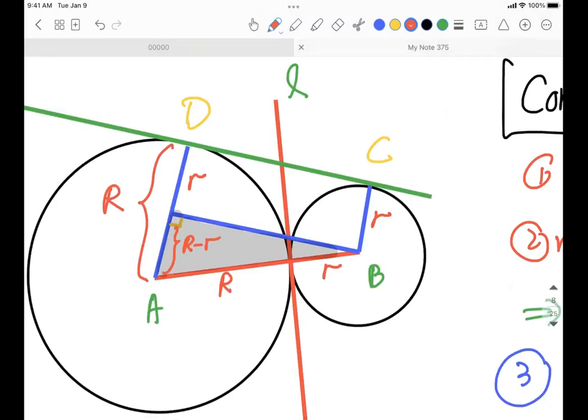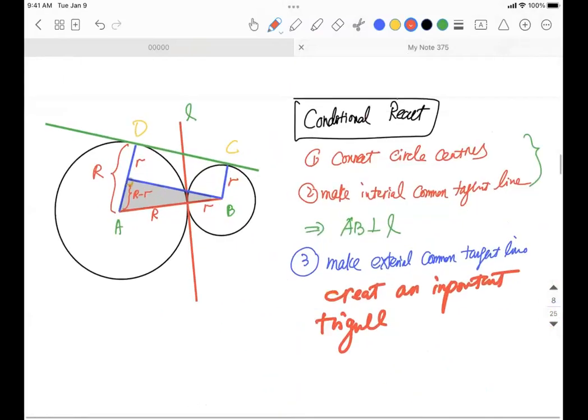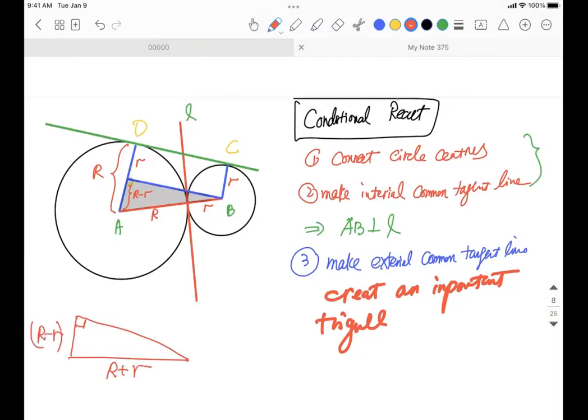As long as you have this gray triangle, if this is 90 degrees, this is big R plus small r, this is big R minus small r. So therefore, what's the value for this? Who can tell me? Get your hands dirty, do some calculation.